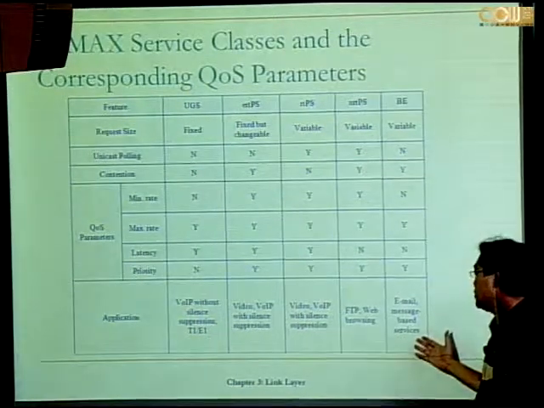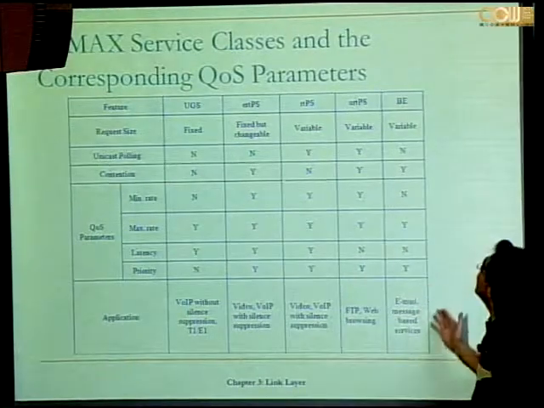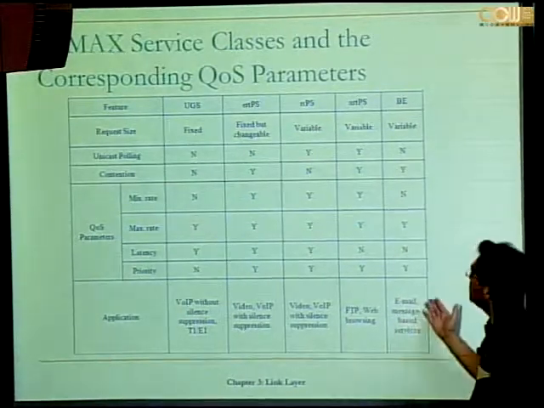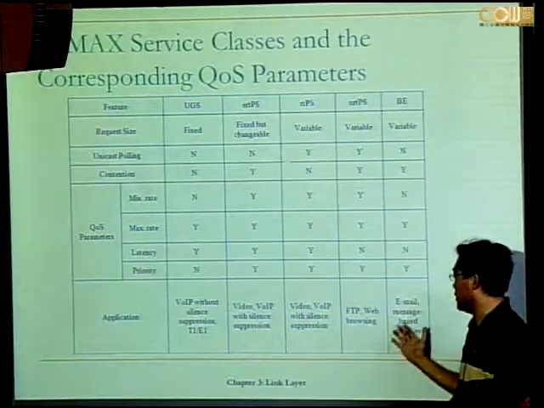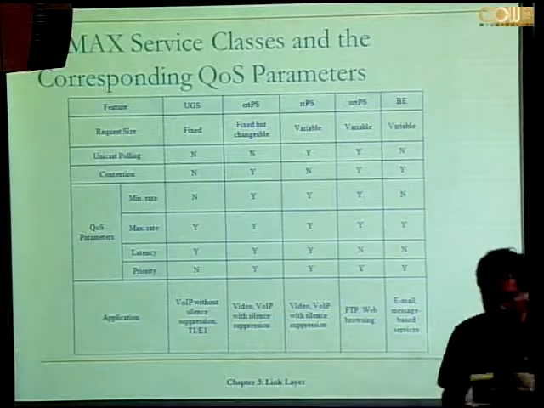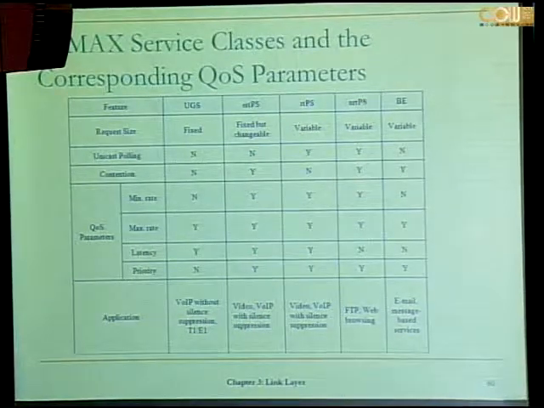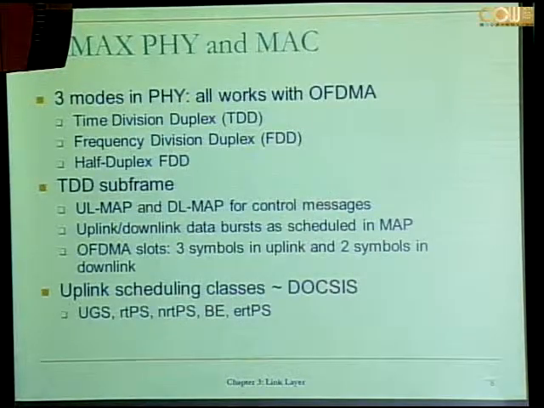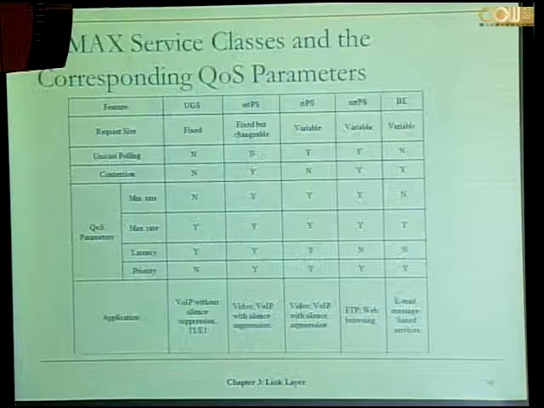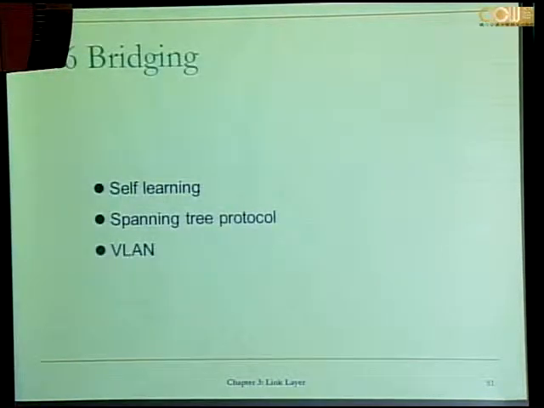You don't care how long it would take, for example, sending a message or email. So you don't require any performance QoS. So for data, you have two classes. Okay, that roughly describes WiMAX, but not in detail.